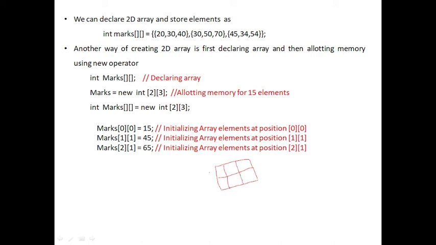The row index starts from 0 and then 1. The column index also starts from 0, 1, 2.